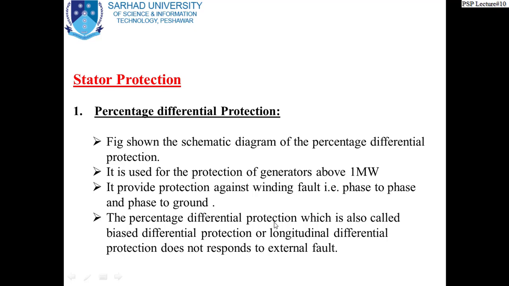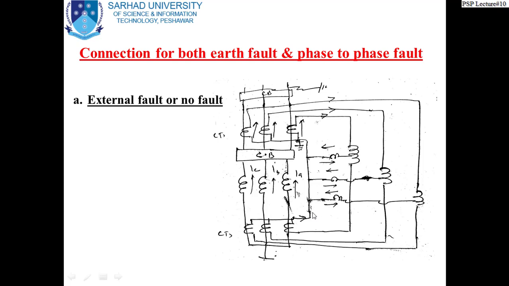The percentage differential protection, which is also called bias differential protection or longitudinal differential protection, does not respond to external faults. Okay, now see, this figure is very important for us. These three windings are, of course, of a three phase generator, one winding per phase, right?